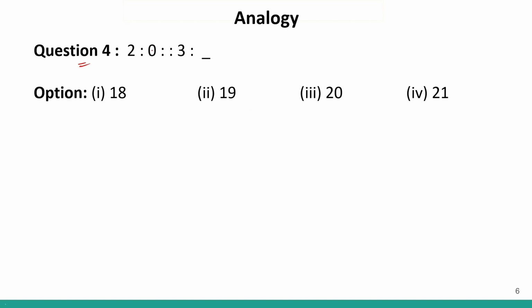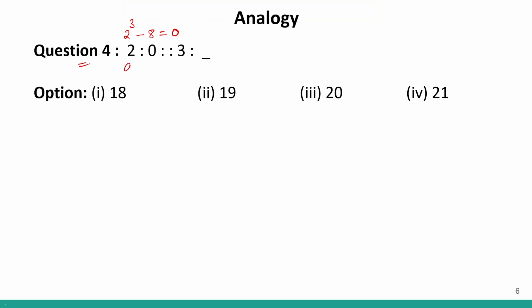2 and 0. If I look at 2 and 0, I can see that 2 square minus 8 or 2 cube minus 8. The value of 2 cube is 8. So 2 cube minus 8 is 0.